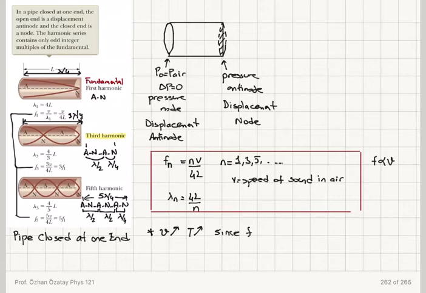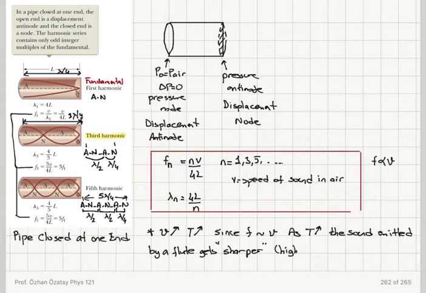And since the frequency of the standing waves here is proportional to V, as T increases, the sound emitted by a flute gets sharper. So what do we mean by that? It's higher frequency. We're changing the fundamental frequency.